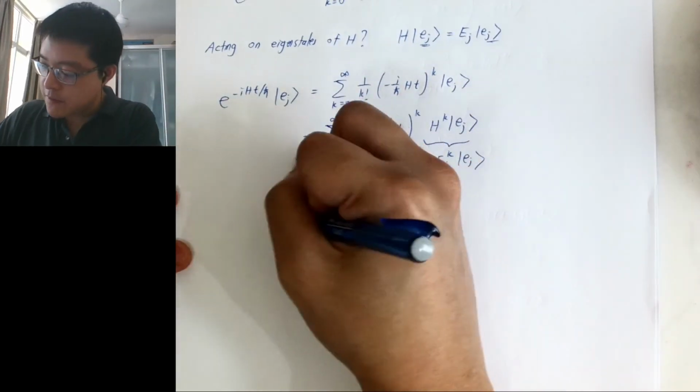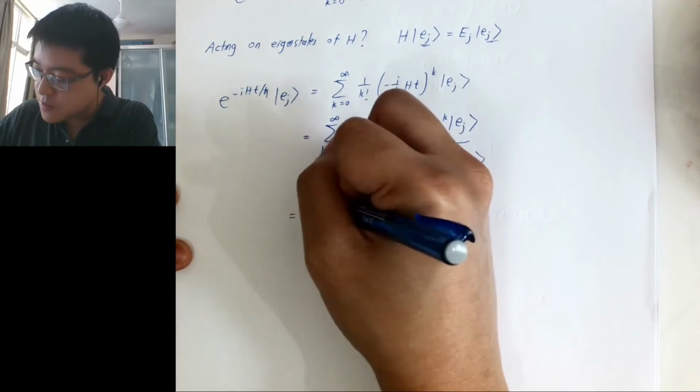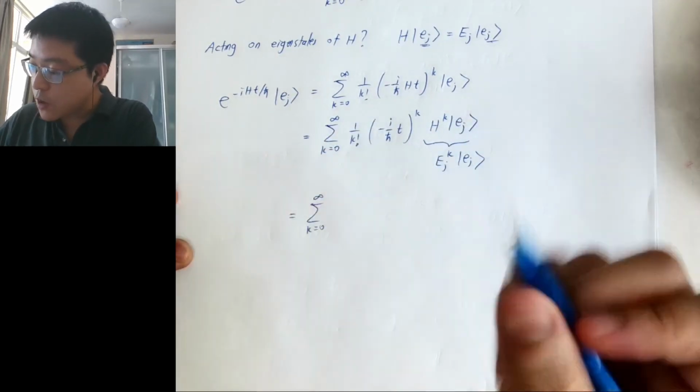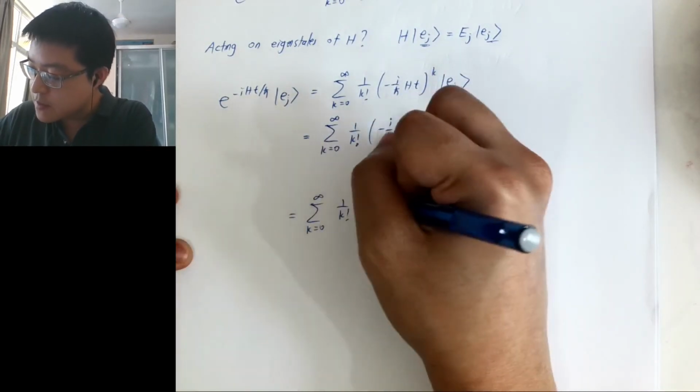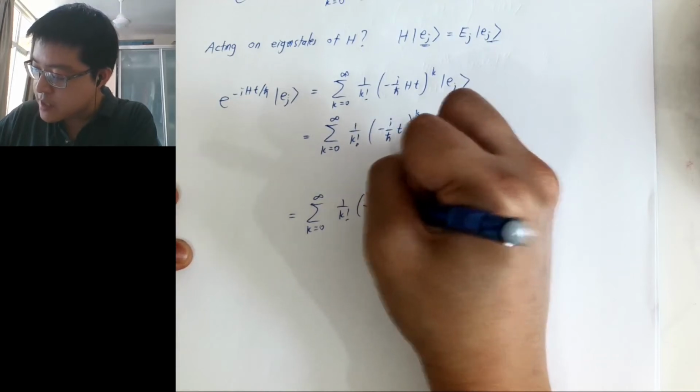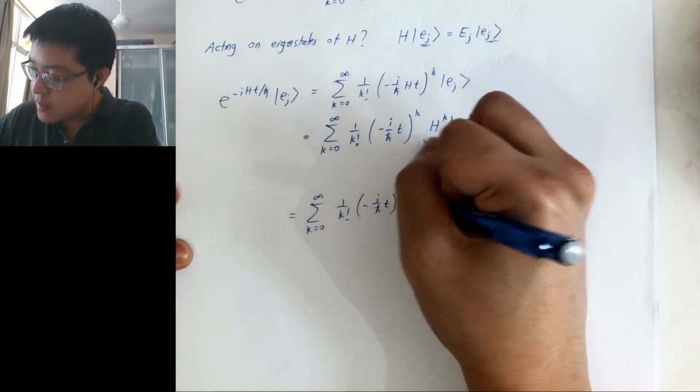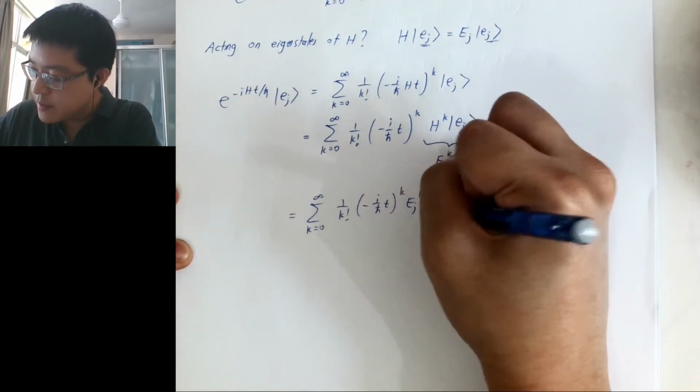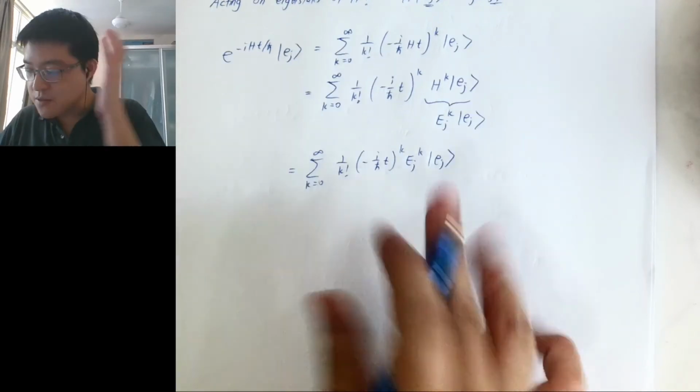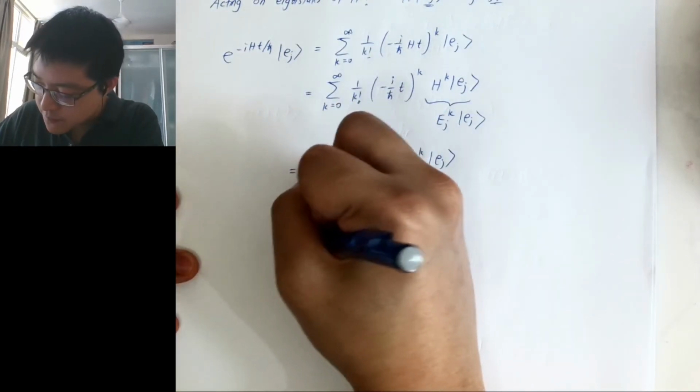So what we have found is, k from 0 to infinity, this one is no longer an operator: 1 over k factorial, minus i over h bar t to the power k, E_j to the power k, E_j. Okay, if it's still not clear, let's just write one more step.